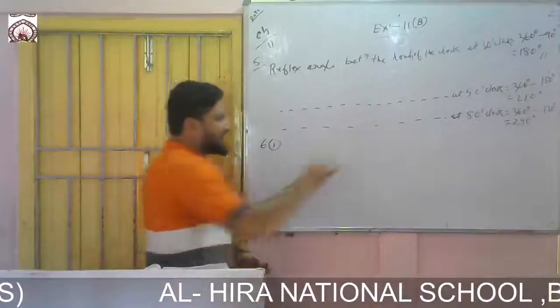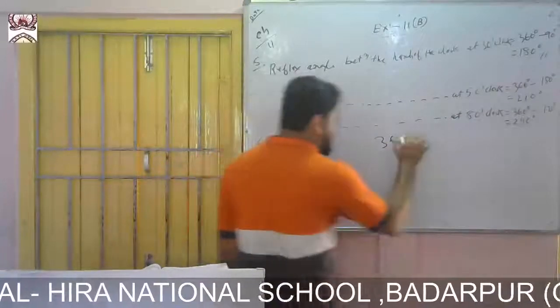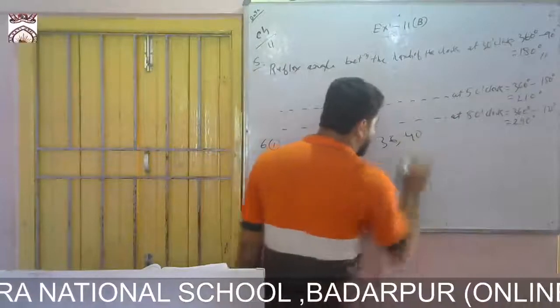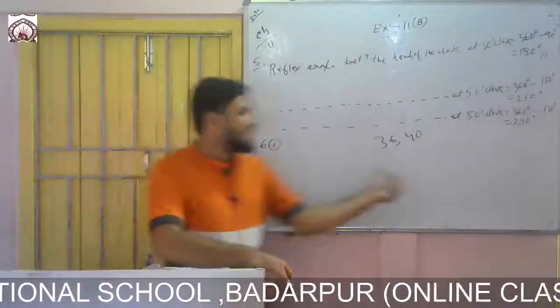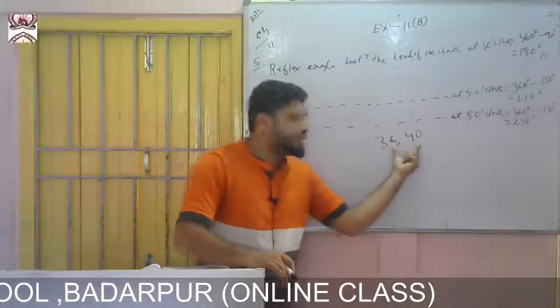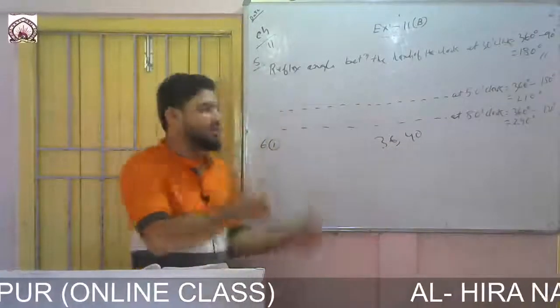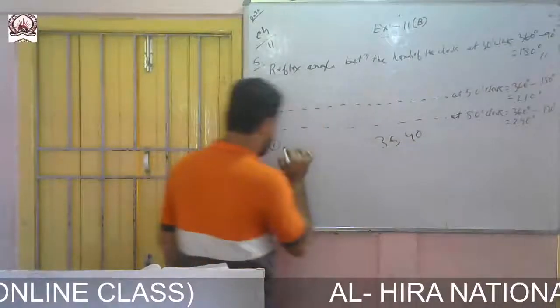It is false, because if I write 30 degrees, it is less than 90 degrees, and 40 degrees is also less than 90 degrees. Are both angles the same? No. So it is totally false.